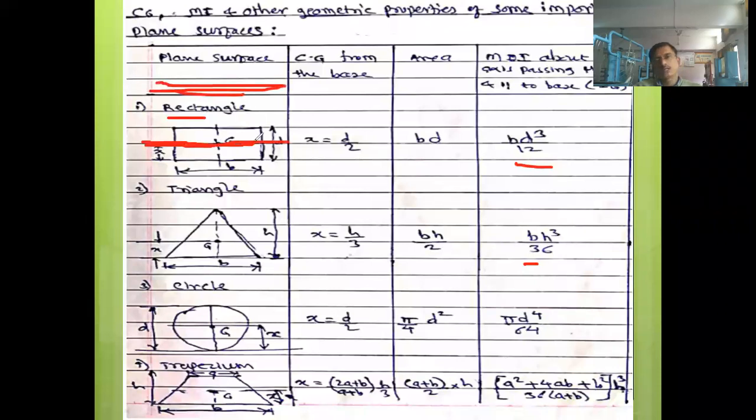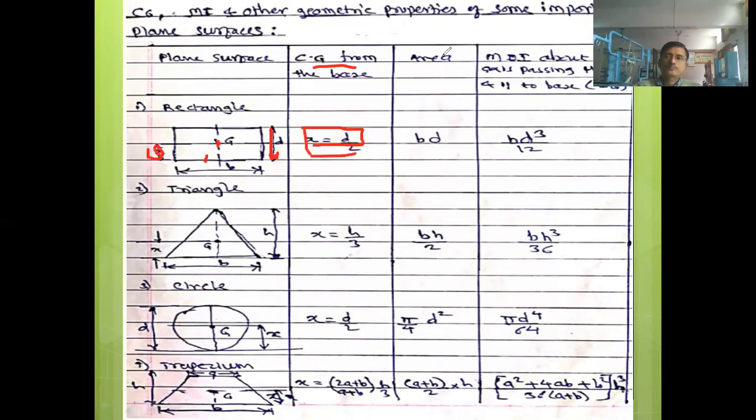So here, for the CZ from the base, if this distance is d, then this distance x will be equal to d by 2.